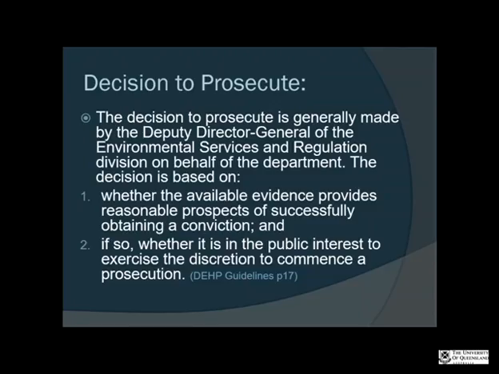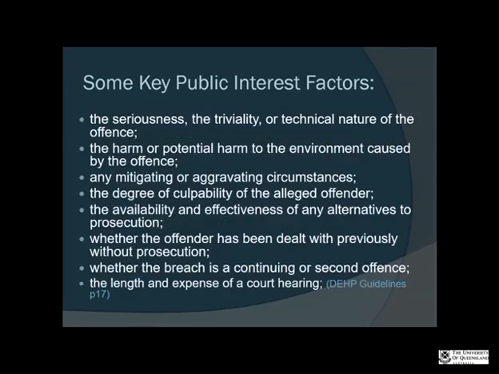So you can see it's not just, is there sufficient evidence to get a successful prosecution? That in itself is not the full decision. It also has to be shown that it's in the public interest to go ahead and exercise that discretion. And there's a long, long list of things that will be looked at in deciding whether or not it's in the public interest. And I'll get you guys to look at that more closely when we do the prac.